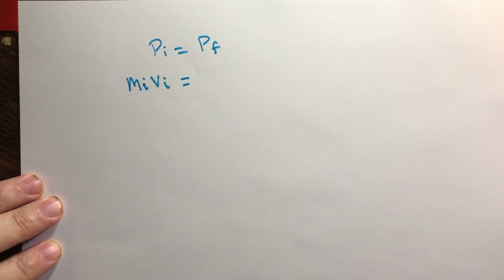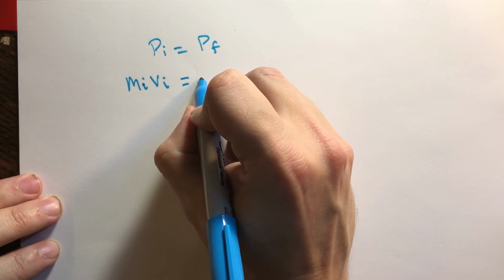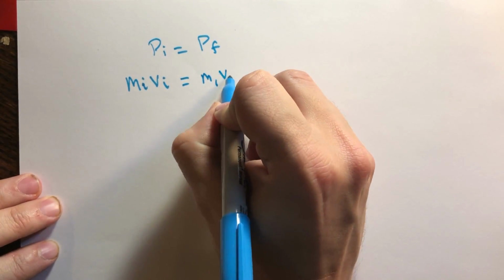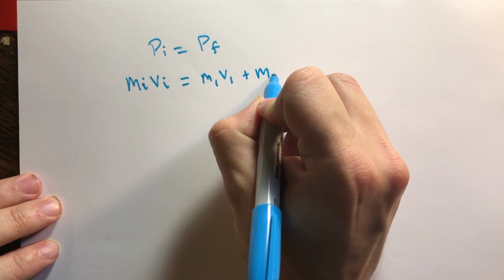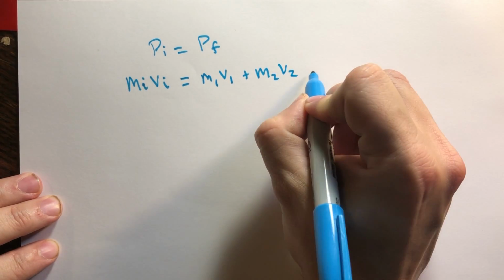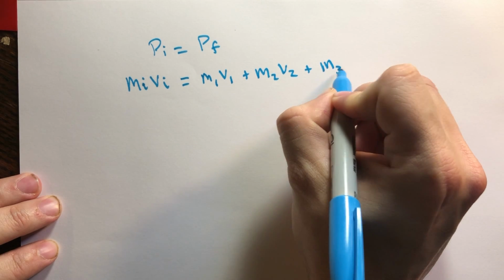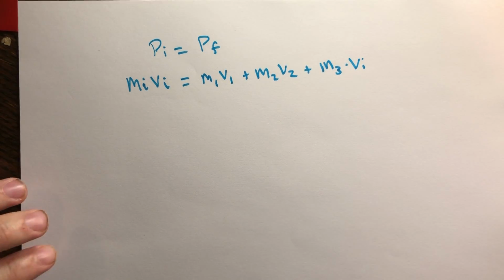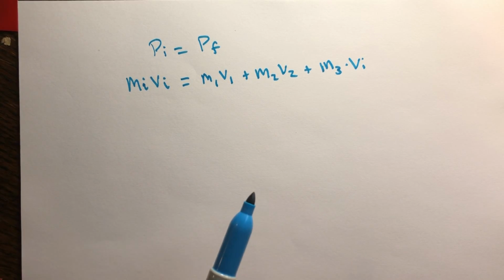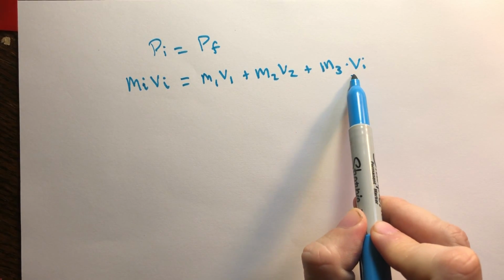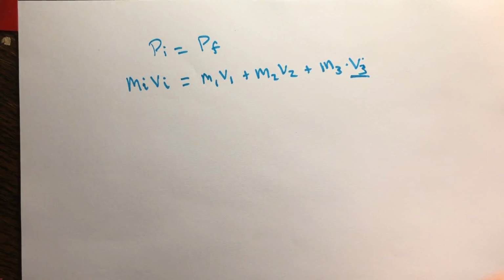But for the final momentum, you have to take all 3 pieces into account. So mass of the first piece times its velocity, plus mass of the second piece times its velocity, plus mass of the third piece times its velocity. Now we're going to do a little bit of algebra because we know everything except the velocity of the third piece. So we want to solve for that third velocity.